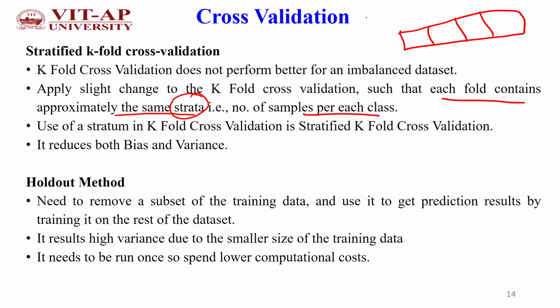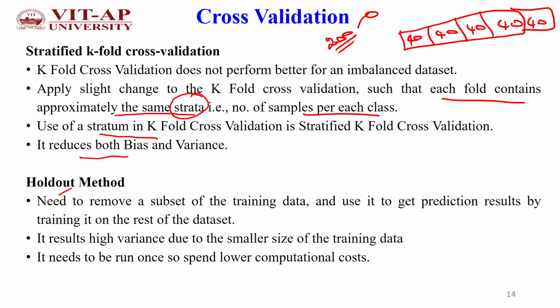That means suppose I have 200 samples of class zero, then 40 samples will be allotted to each fold, from the zeroth class, right? So the same number of samples will be allotted to each fold. That is the purpose of stratified K-fold cross validation. It reduces both variance and bias.